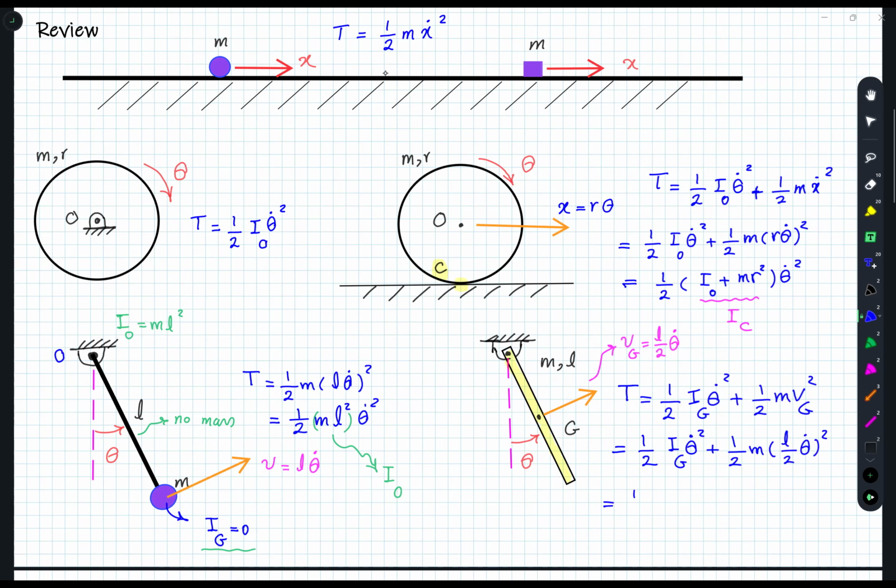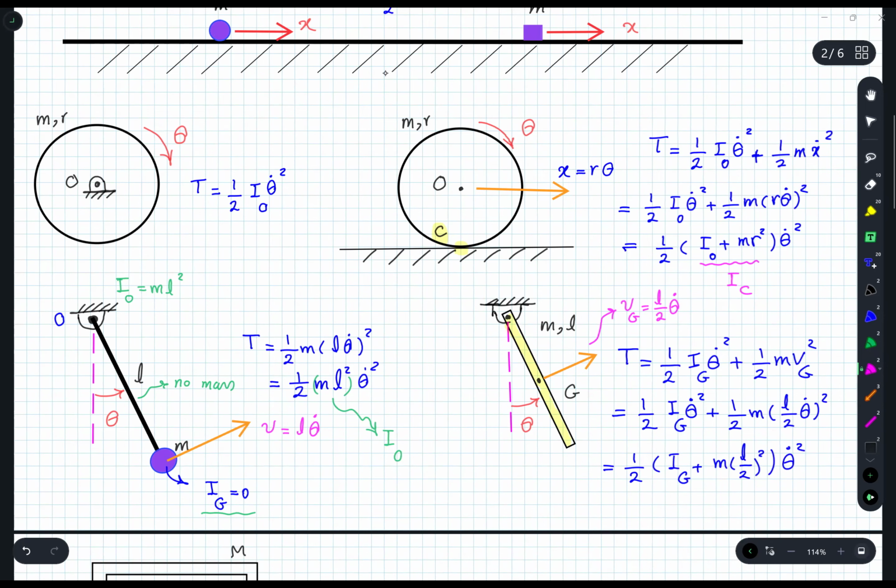I can, of course, factor half of Ig plus m L over 2 squared, times theta dot squared, which is similar to the disk scenario.